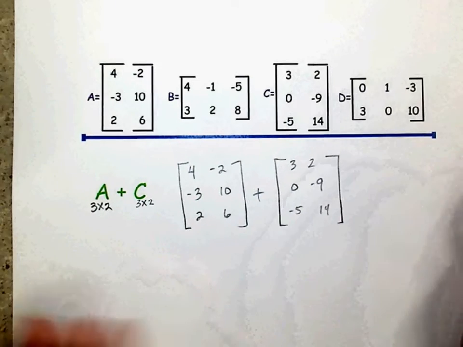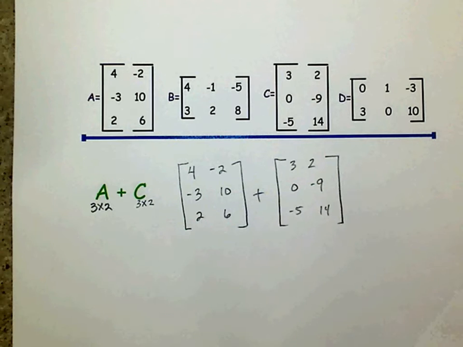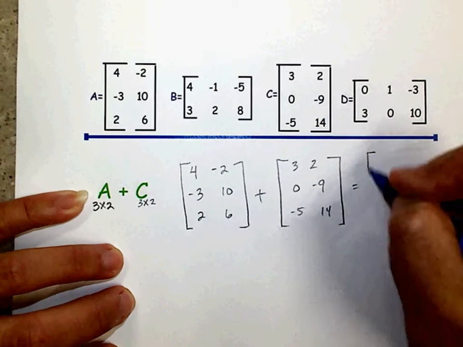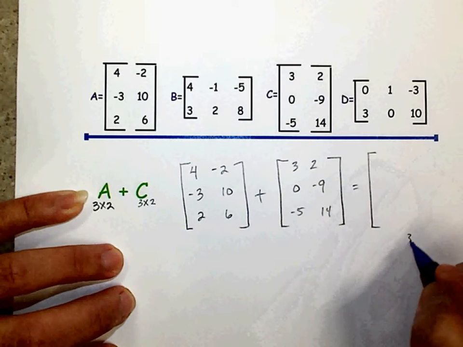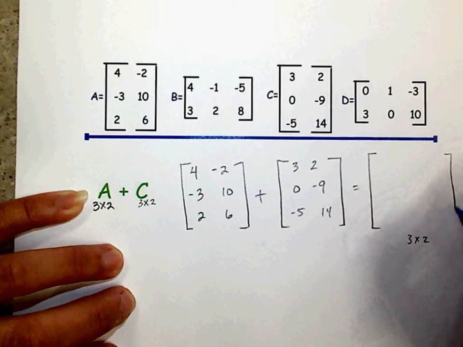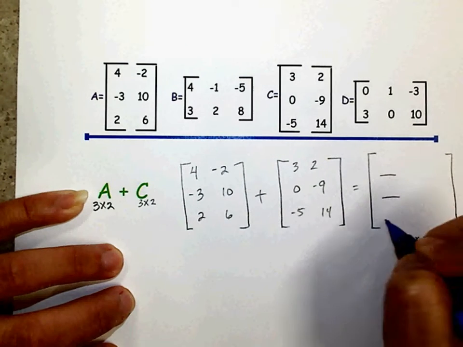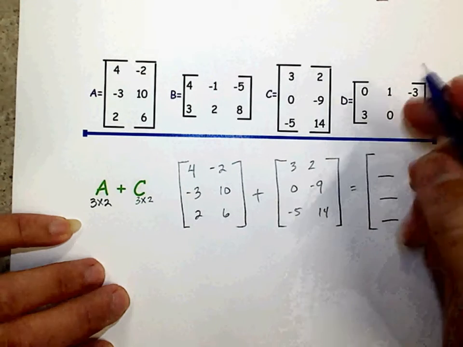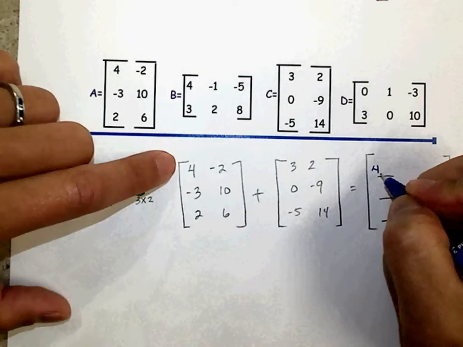Now I'm going to show you the step-by-step, but then you could skip this part once you get the hang of it. Okay? So my new solution is going to be a 3 by 2. 3 rows, 2 columns. Okay? Here we go. So you're going to take 4 plus 3.